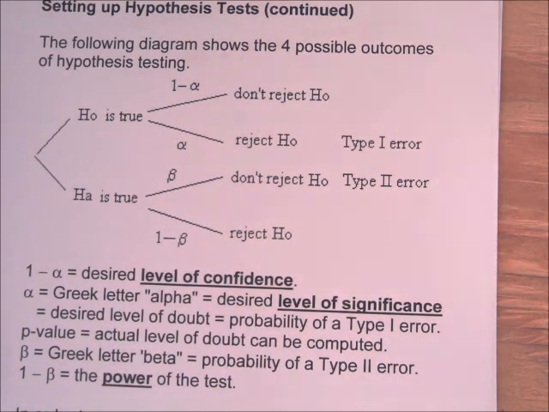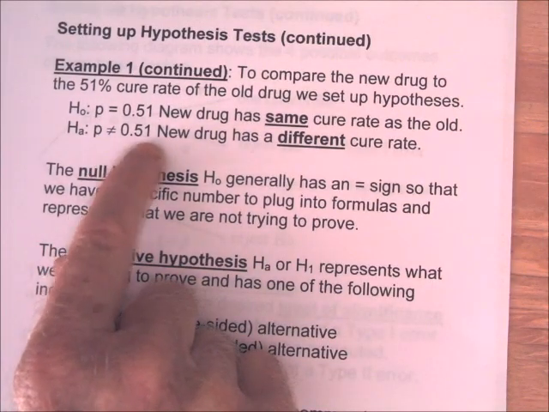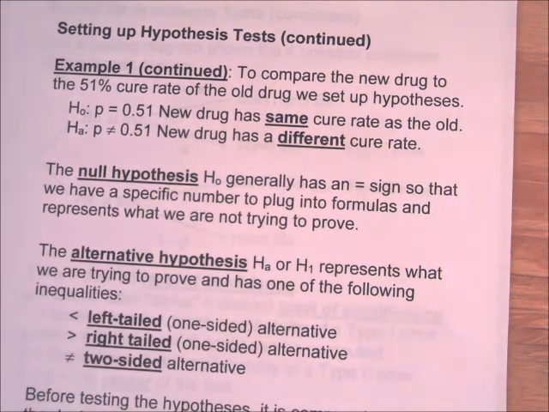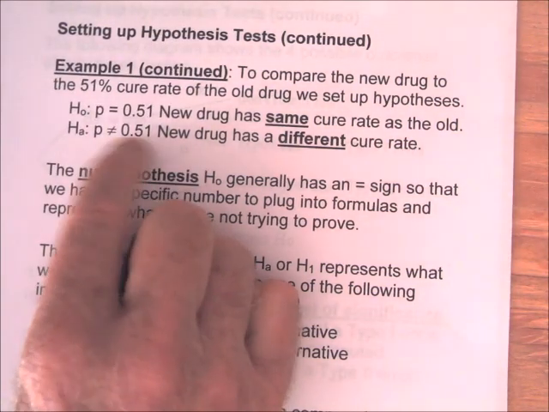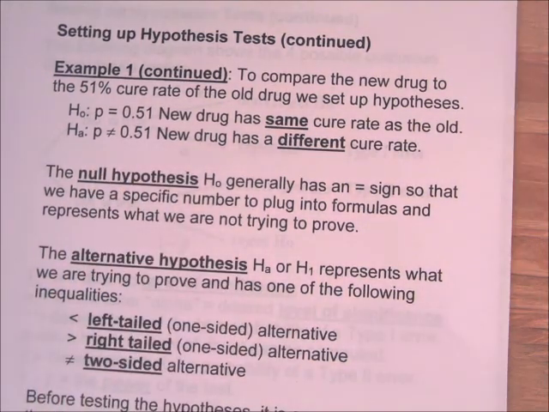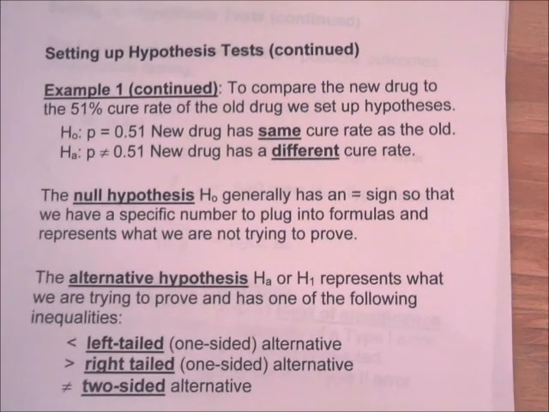Usually beta is not computed because in order to compute beta we would need a specific alternative. So our alternative in this example was p is not equal to 0.51, but in order to compute beta we'd have to plug in a specific number, maybe for example 0.6 or 0.7 or 0.8 or 0.3 or any number that's different than 0.51, and depending on which number we plugged in, we would get a different number for beta.